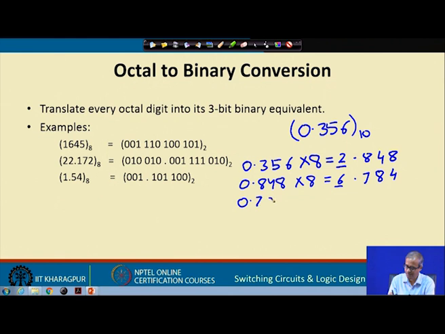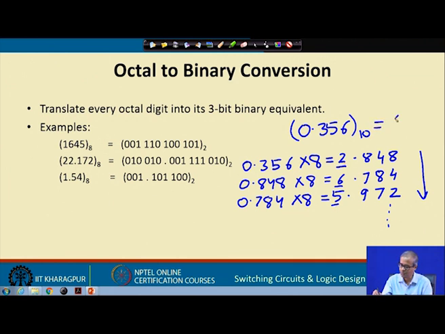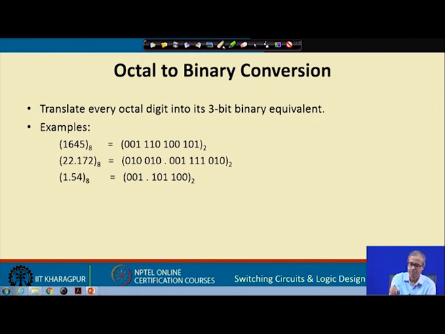Take 0.784, multiply by 8, and you get 6.272 and so on, and this continues. If you take it in the same order, 265. This will be equivalent to 0.265 in octal. This is how you can convert directly from decimal to octal or octal to decimal.